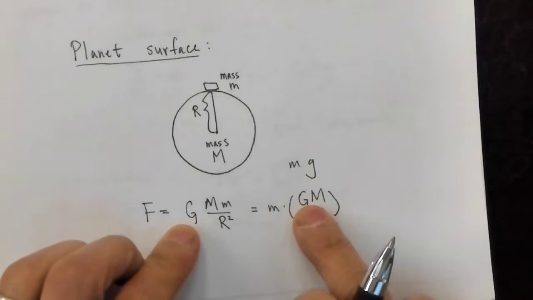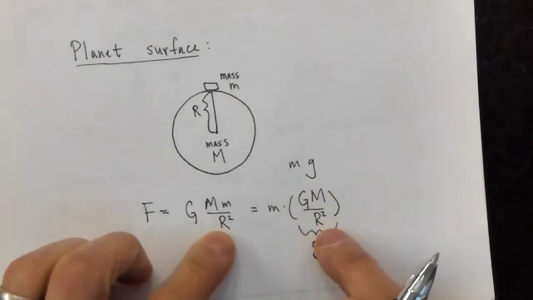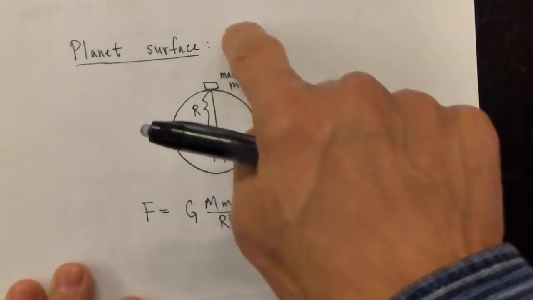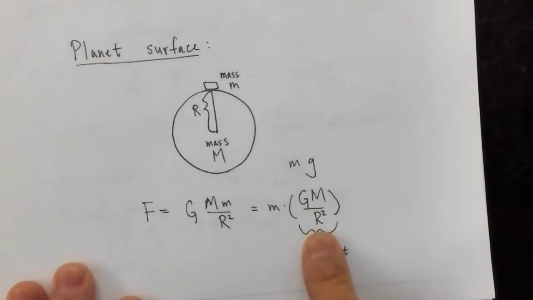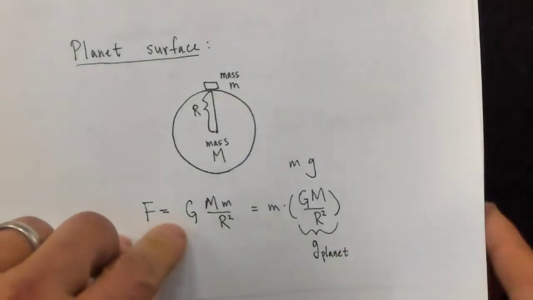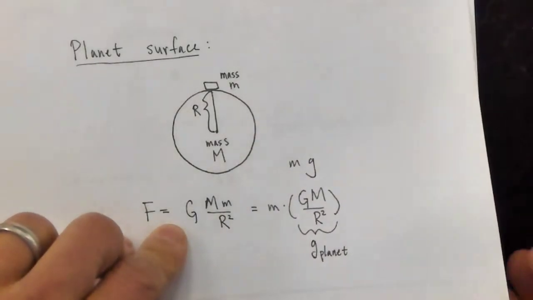I have capital G, capital M over R squared, and that will be the value of the gravitational acceleration for this planet. Capital G, capital M over R squared, where R is the radius of the planet. Is everybody good on that? And you could calculate the gravitational acceleration at any radius just by using some other radius other than the radius of the planet. You can just use any R there. Okay. Questions?